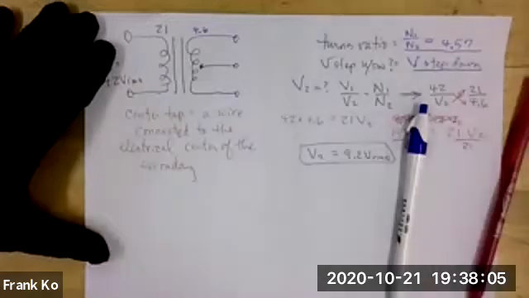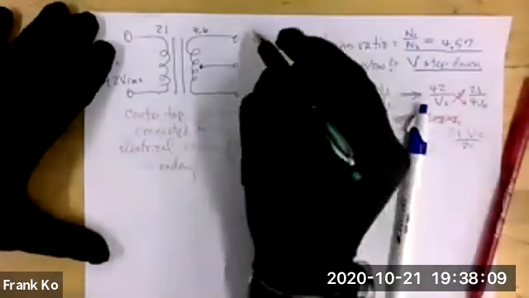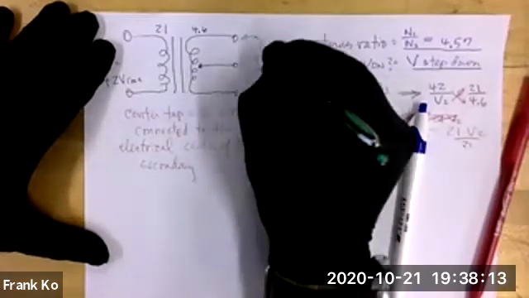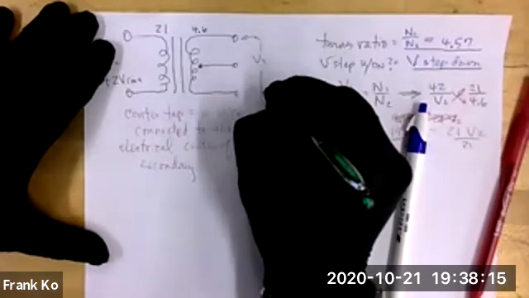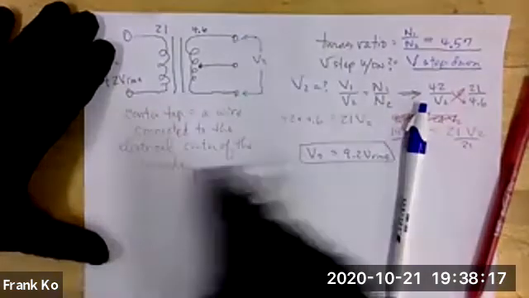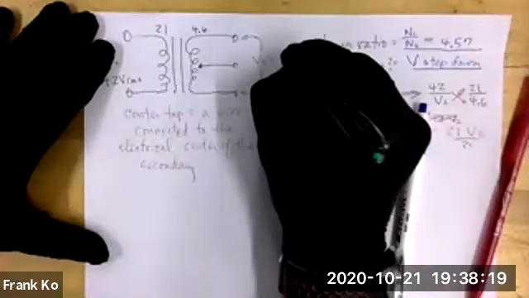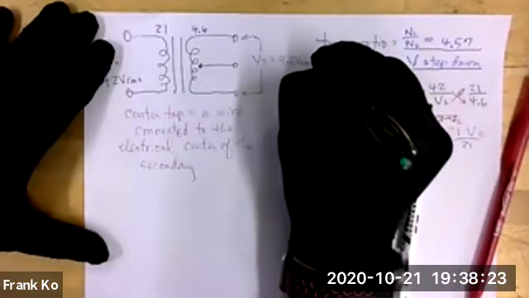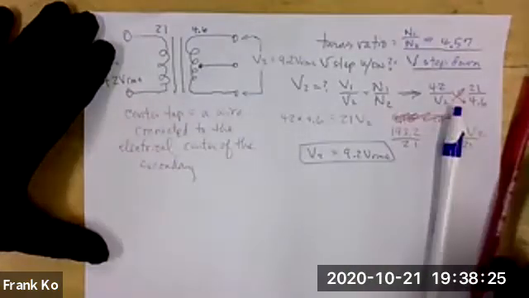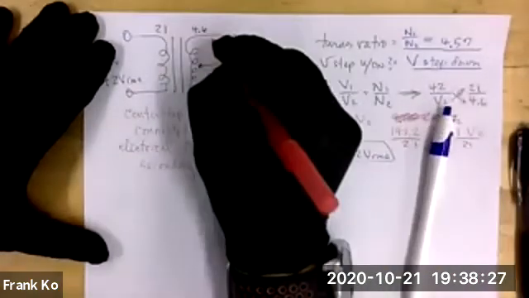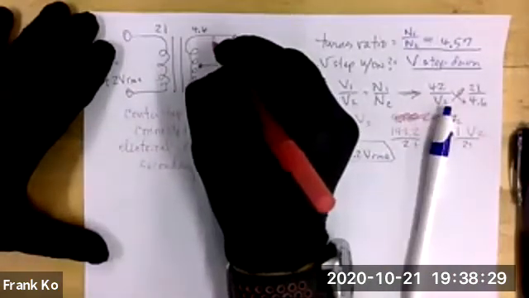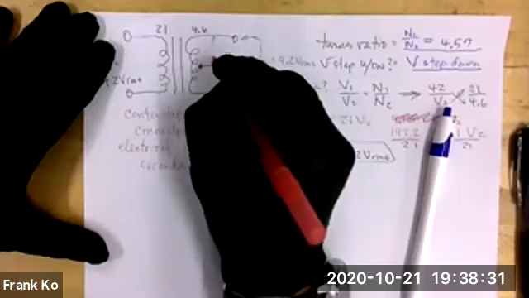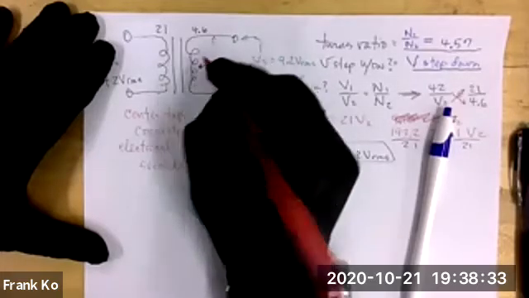So if the entire voltage of the secondary, measured from here, my V2, all the way to here, is equal to 9.2 V RMS, then what do you think the voltage is going to be measured between that secondary wire and the center tap?